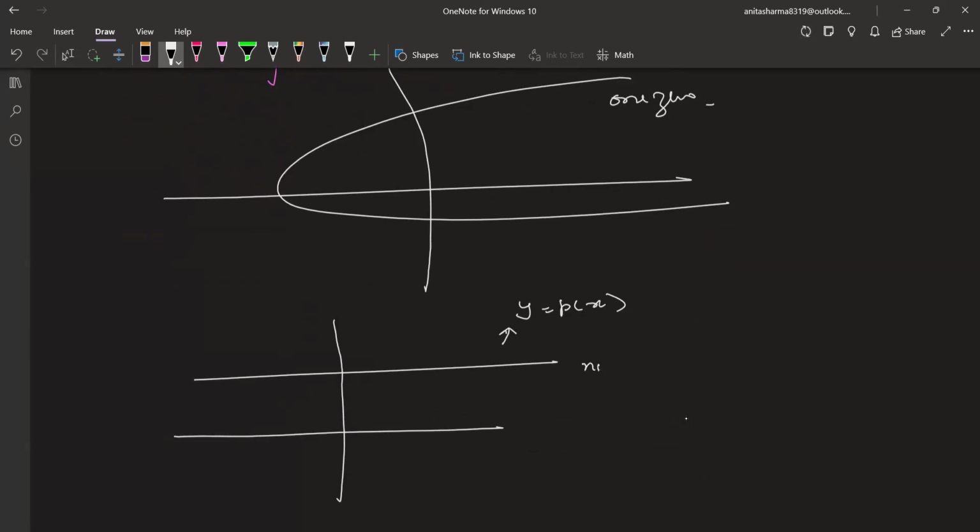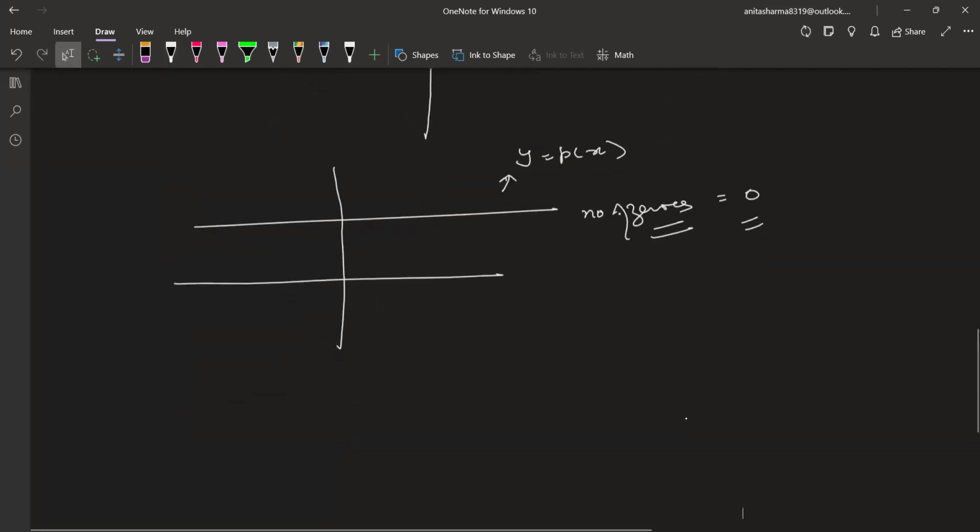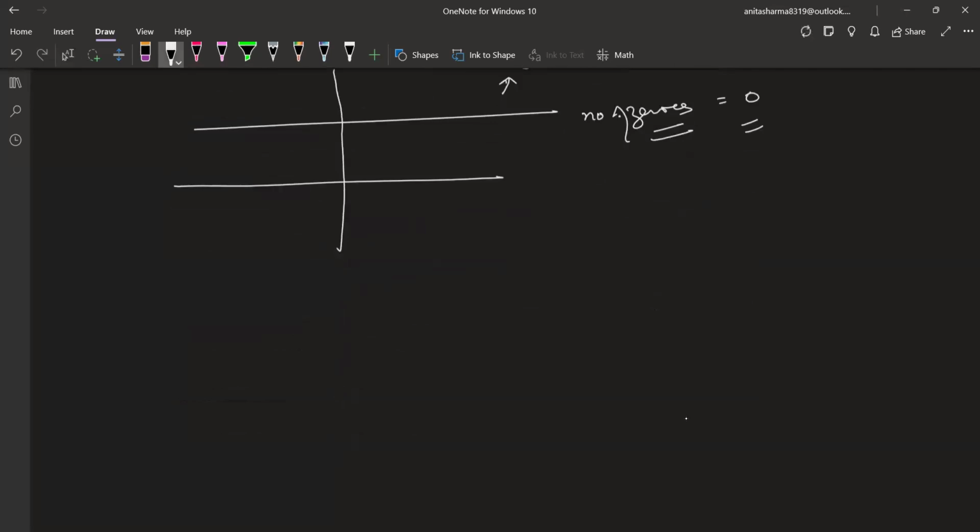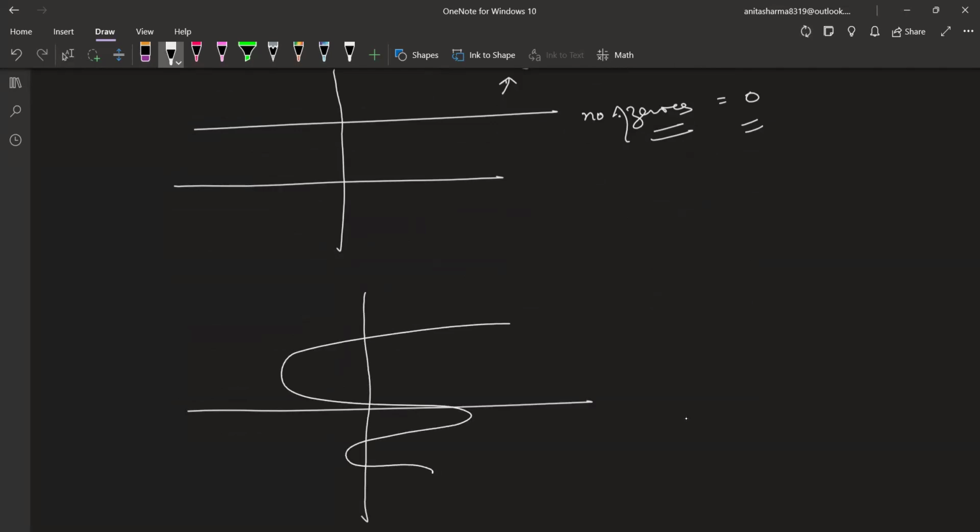That's why you will write no zeros. So the number of zeros is 0. Good, beta. Sumukh, tell me the number of zeros. Y is equal to fx. Ma'am, 1. Yes, 1. Very good. So I guess you all have understood this. How will you identify the number of zeros? Yes, ma'am.